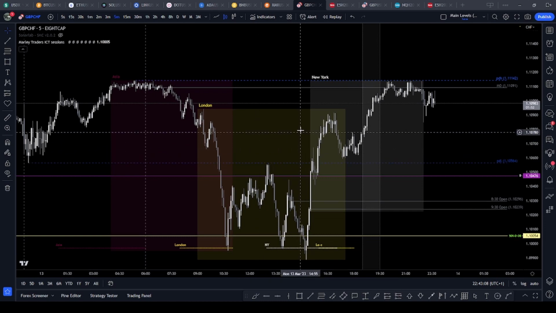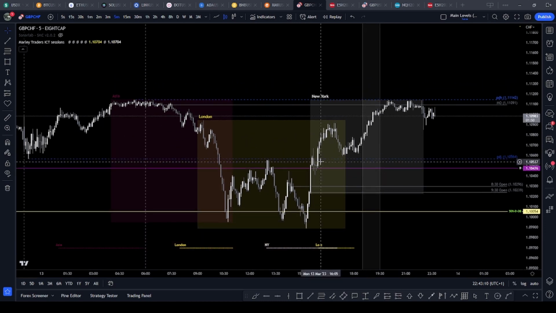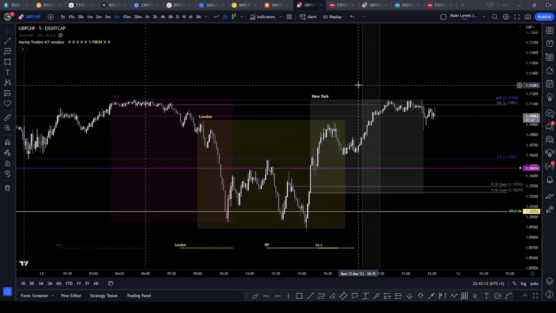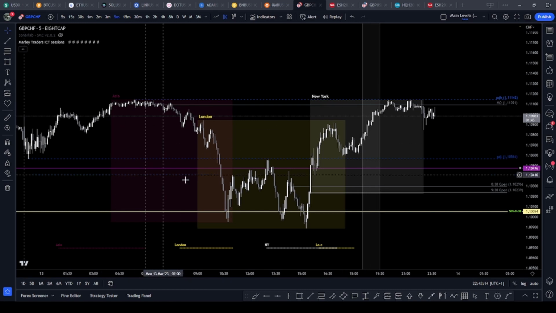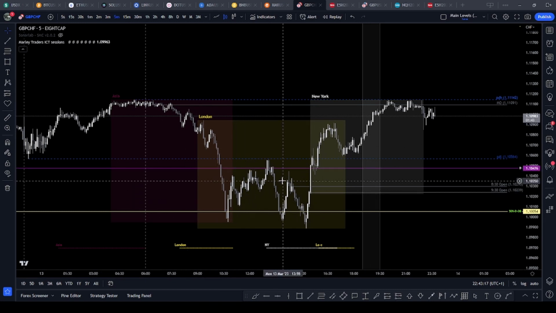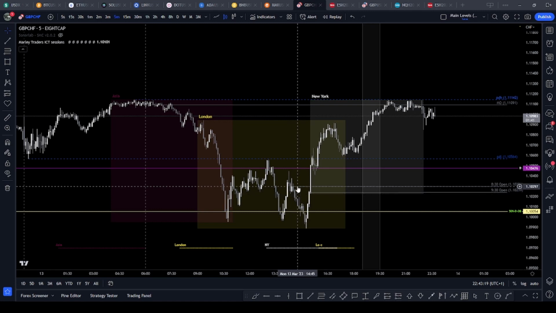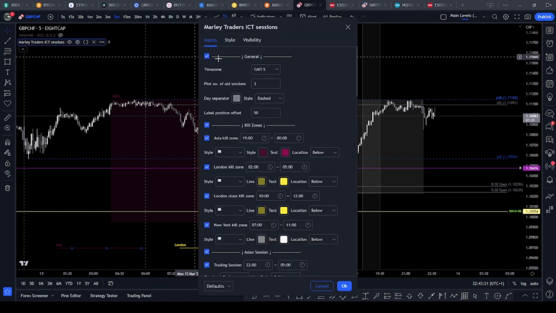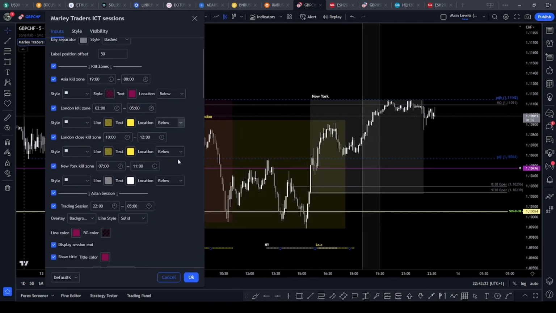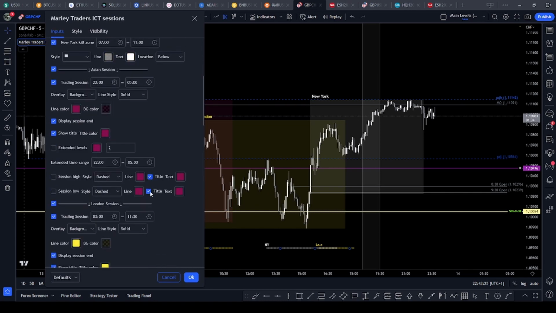Okay, so if you're wondering what these things are, this is the launch hour. Okay, so this indicator, again, let me put it this way. Where's launch? New York launch.